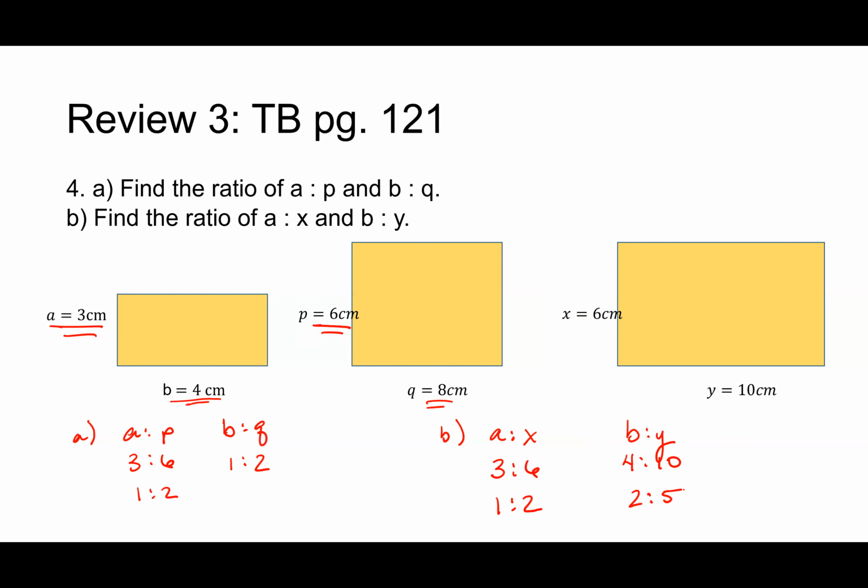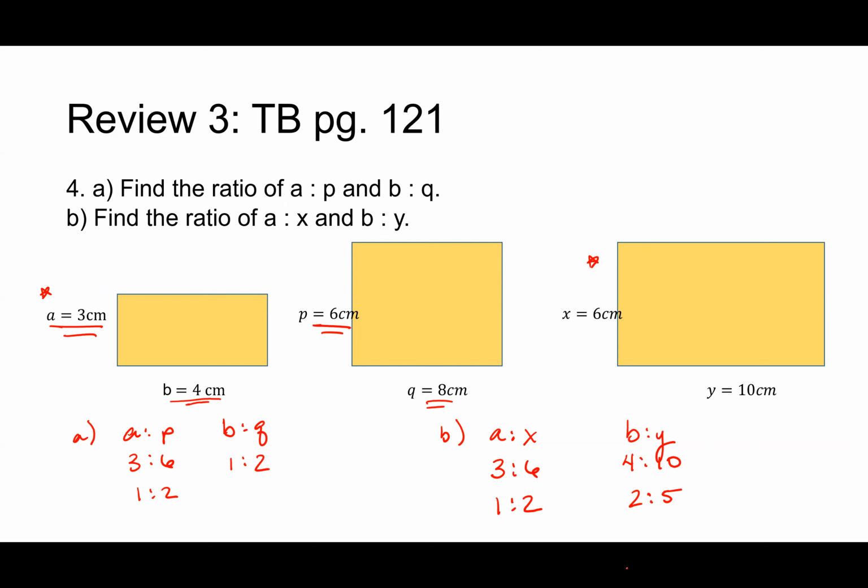Okay, now I have a question for you guys. Which two rectangles are in proportion to one another? Charlie? The first and the last one. Let's see. If I look at the first and the last, so that's this one and this one, right? A to X is in the ratio of 1 to 2, but these other two sides are in the ratio of 2 to 5.